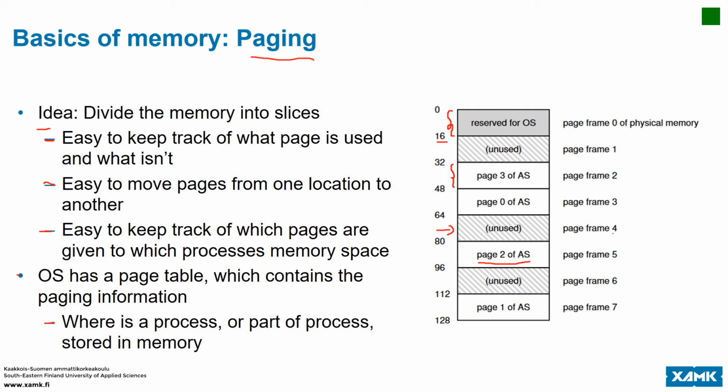It's also easy to keep track of what pages are given to what processes in the memory space, and keeping track is relatively simple because, well, all we need is some kind of table which contains this paging information. So basically paging information is where some process is or where parts of processes are stored in memory, or in practice what pages are assigned to which process.